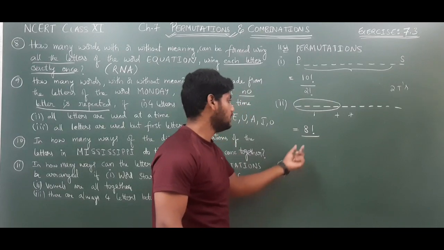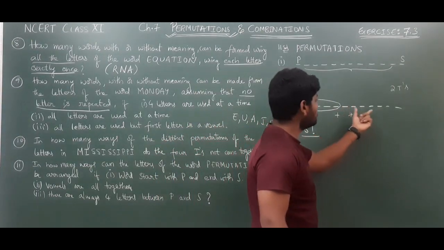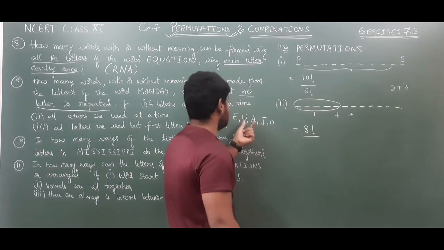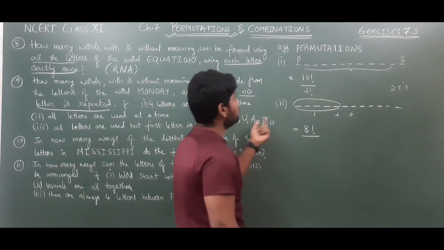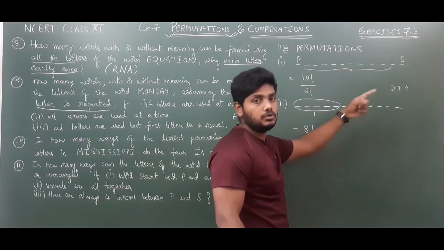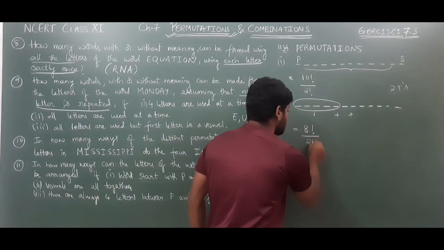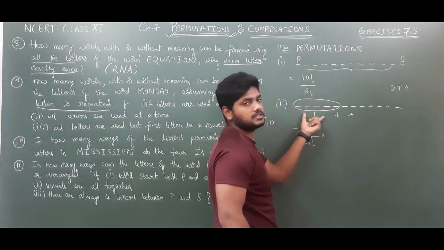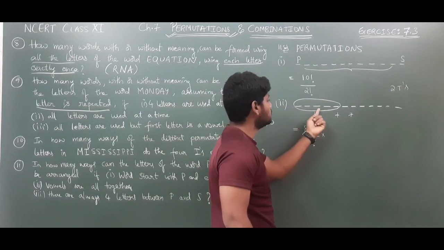8 factorial divided by. Are there any repeated letters here? If we remove the vowels, are there any repeated letters? Yes, 2 T's are there. So it will be 8 factorial by 2 factorial into. Now again come back to this place. How many letters are there? 1, 2, 3, 4, 5.